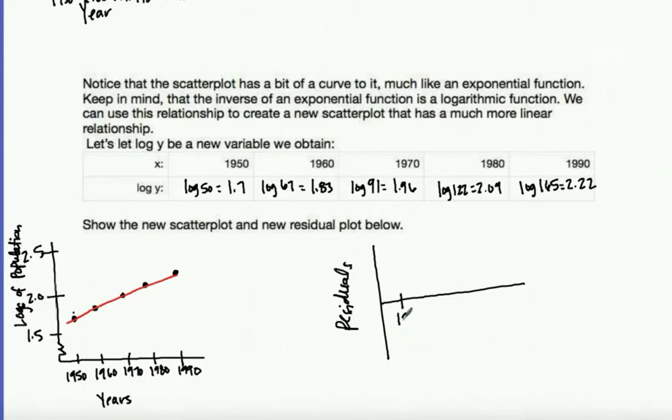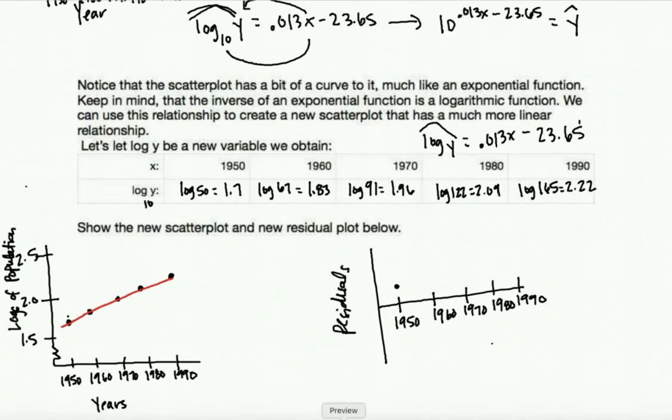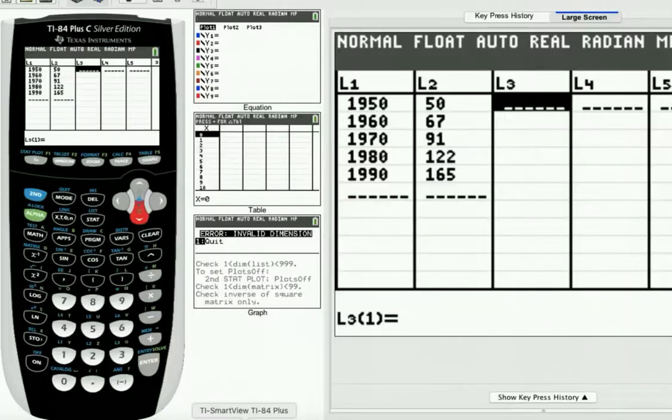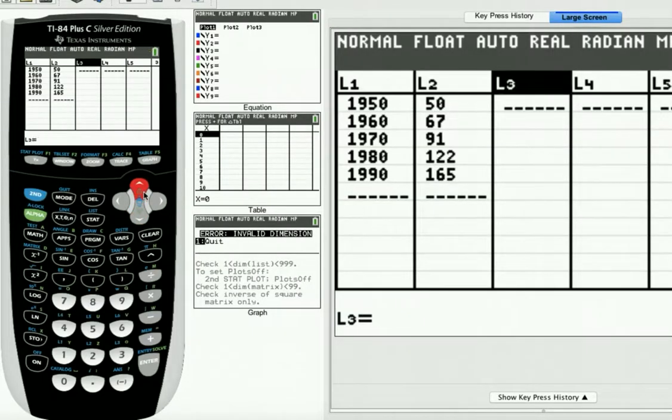Going to put our years. Okay. So we're going to go to L3, and we're going to do log of our L2.